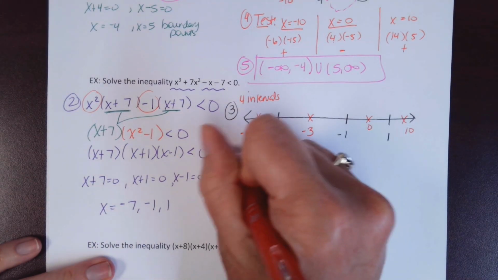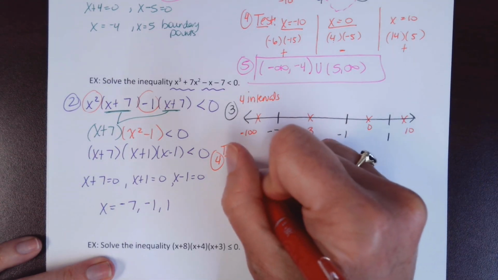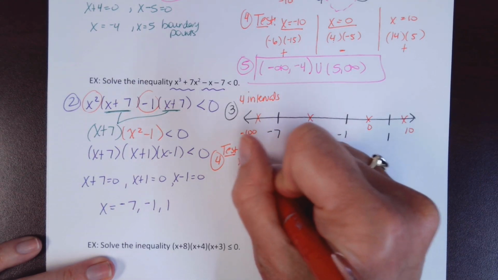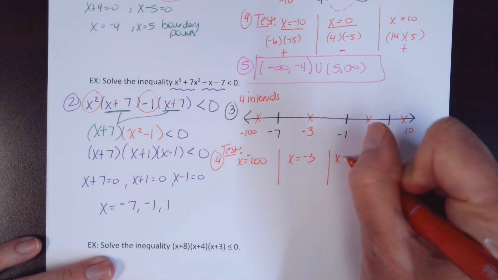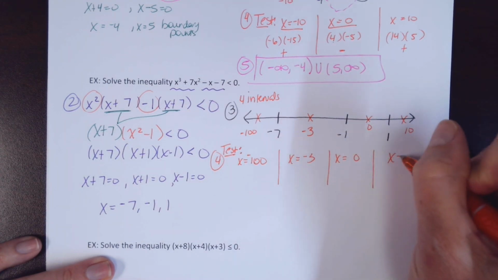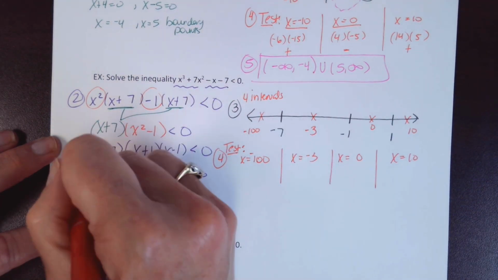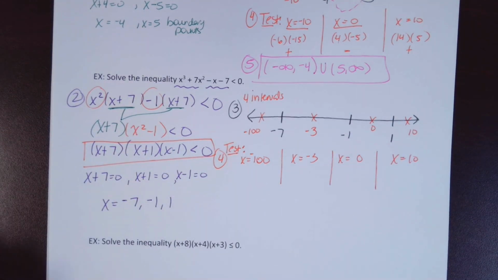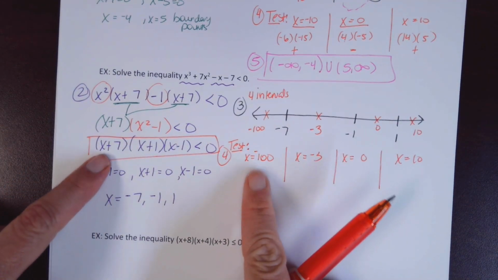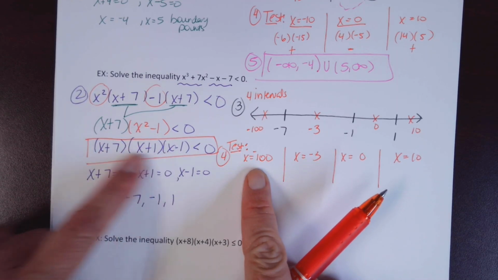So now I need to test those test points. I'm going to test x equals -100. I'm going to test x equals -3, x equals 0, and x equals 10. I'm testing it in my factors to see whether what comes out positive or negative. So if I put in a -100 here, whatever I do to it, it's still going to be negative, right?